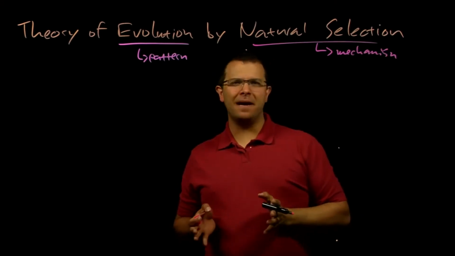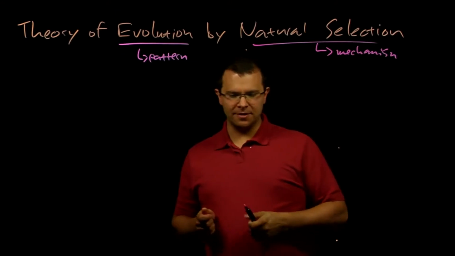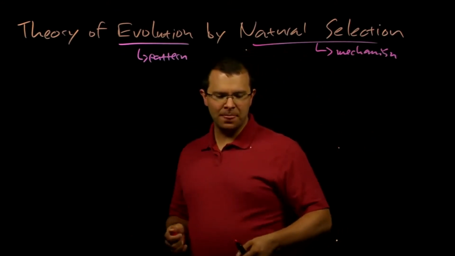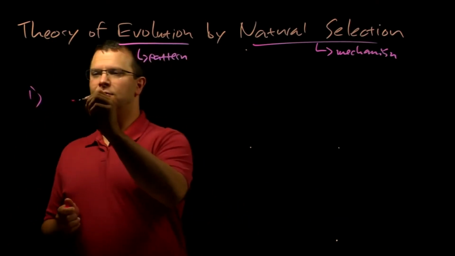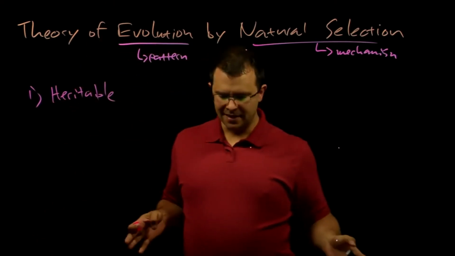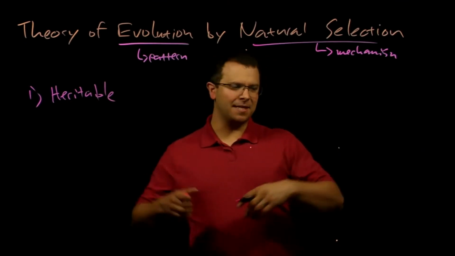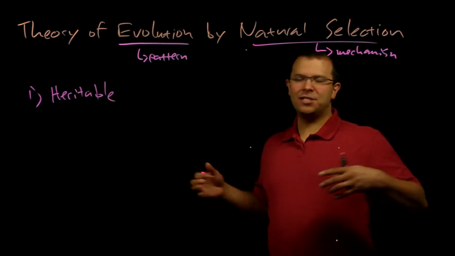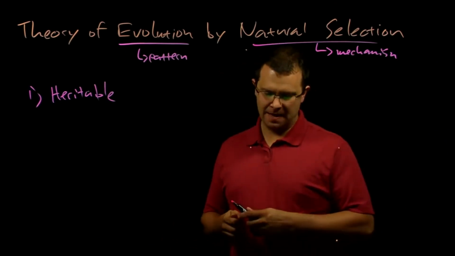And what we mean by natural selection is that certain traits are selected over others. And so for selection of traits to lead to evolution, two things must be true. First, those traits must be heritable. If an organism has a trait, has some sort of characteristic, then it must have some mechanism to pass that trait on to its progeny.